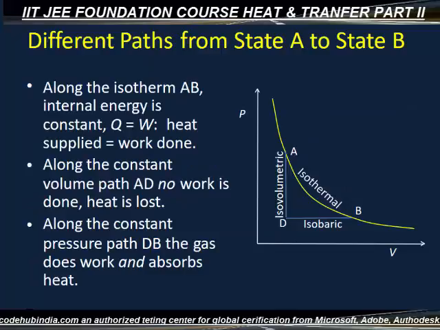So these are the different paths between states A and B. I told you this curve is isothermal, and this is isobaric, where pressure is constant.